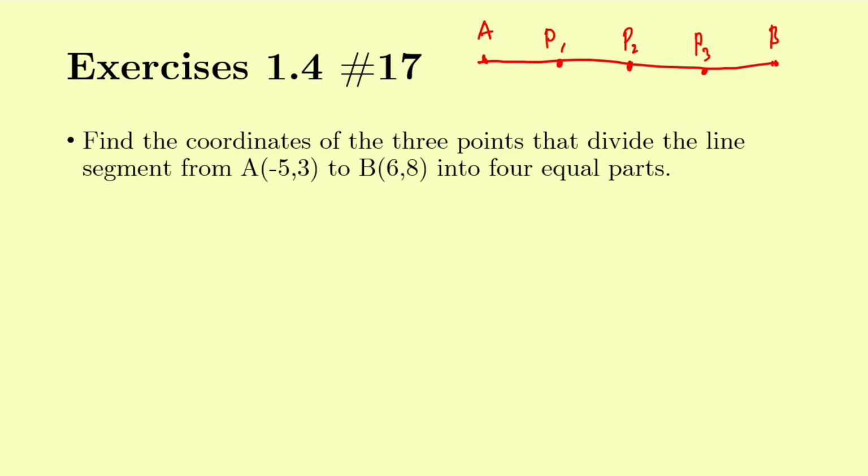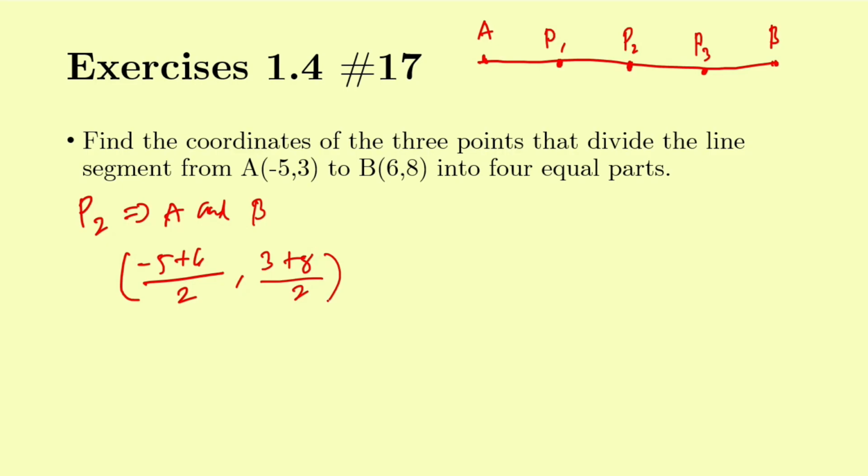So to find P2, we need to find the midpoint of A and B first. To get P2, we use A and B, the midpoint of A and B. That's equal to negative 5 plus 6 all over 2, and 3 plus 8 all over 2.